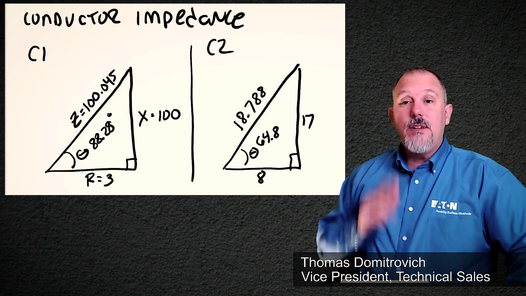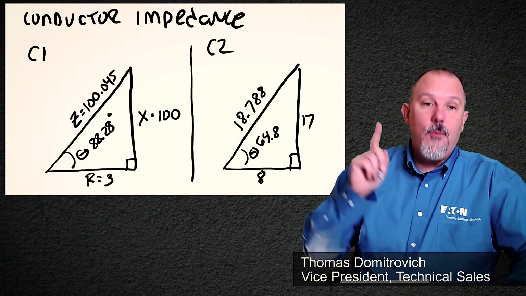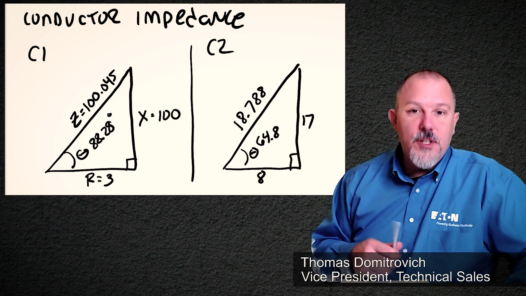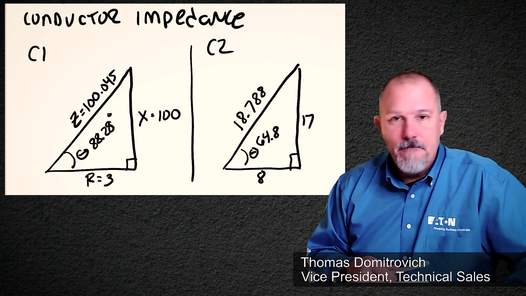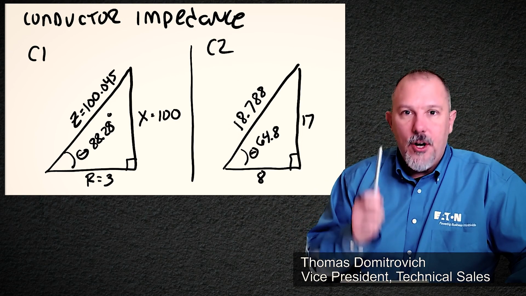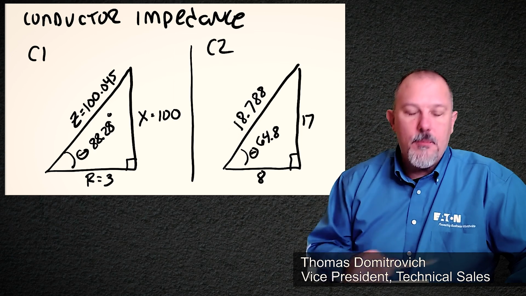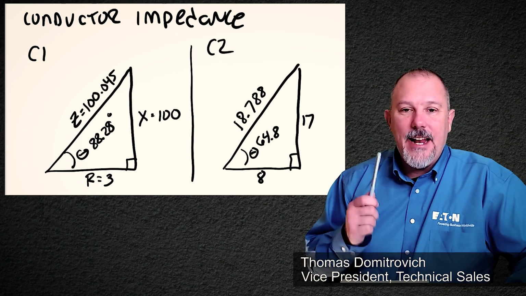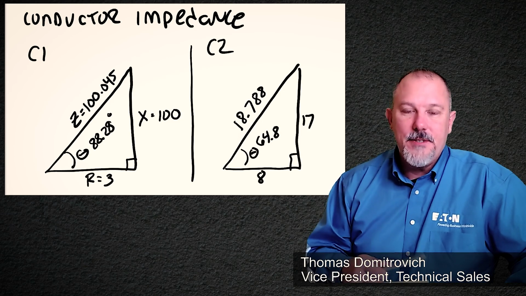Now I have two conductors here. I have one that is a 3 plus J100. I have another which is an 8 plus J17. I have one which is 100.045 at an angle of 88.28 degrees, and another which is 18.788 at an angle of 64.8 degrees.